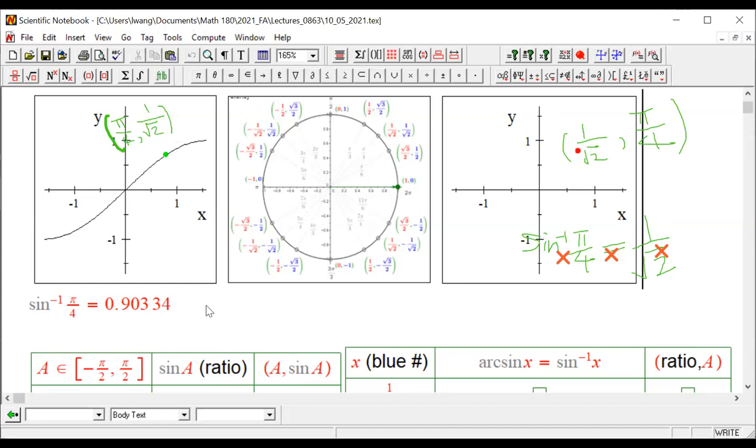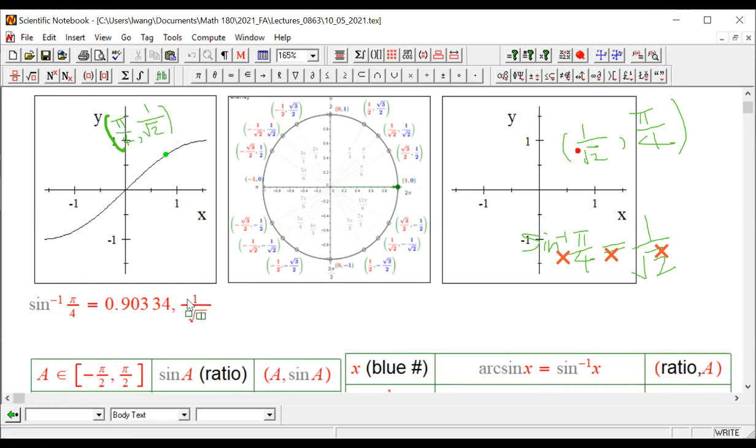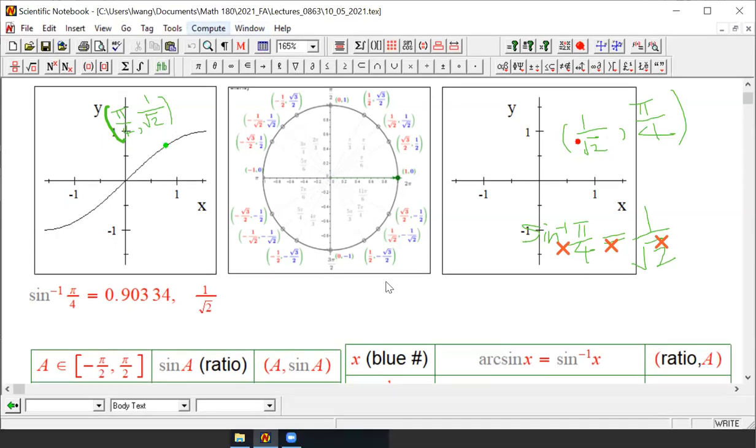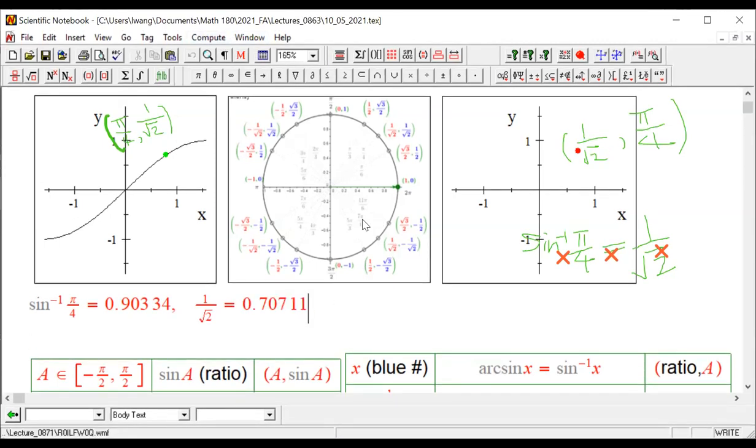And what's the value of 1 over root 2? I believe it's about 0.707, right? So why are these different numbers?